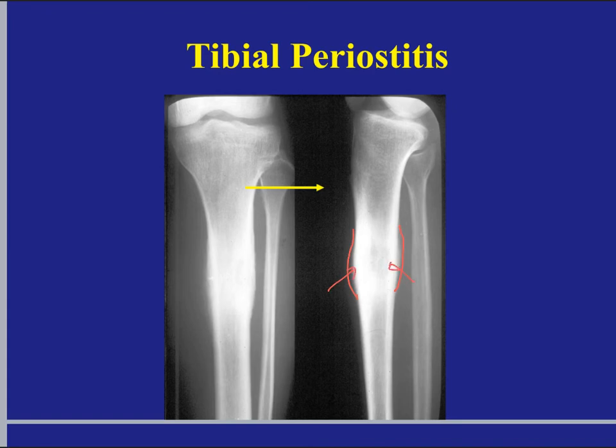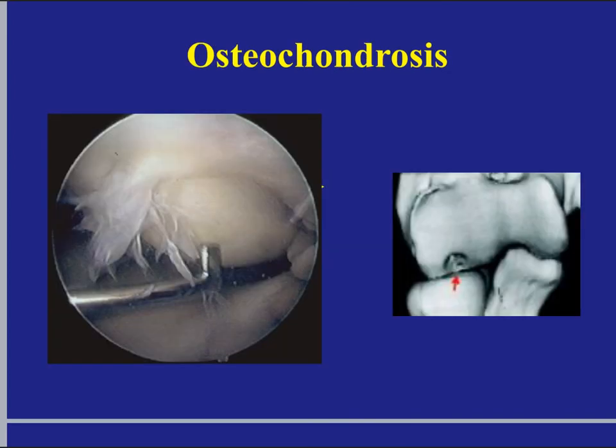So we want to protect our patients with medial tibial stress syndrome or shin splints, because the ultimate injury is the development of a stress fracture, which, from previous experience, I know is really hard to resolve. So take care of the shin splints before they progress into tibial stress fractures.